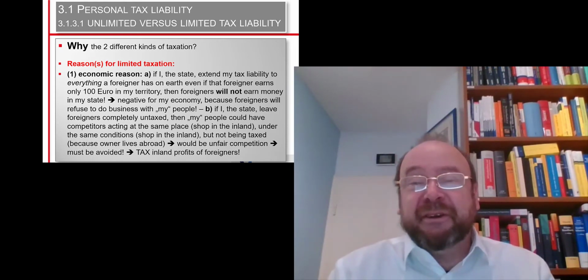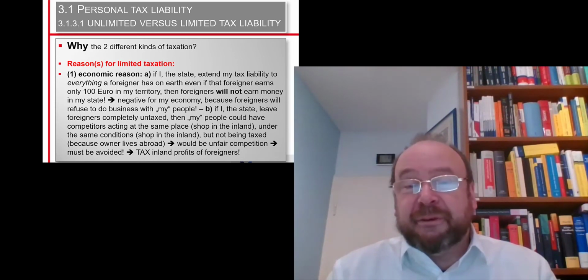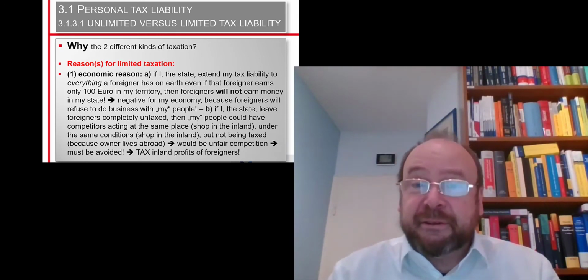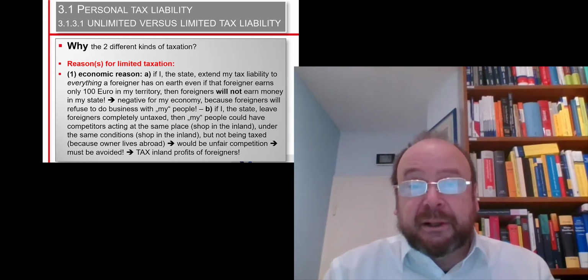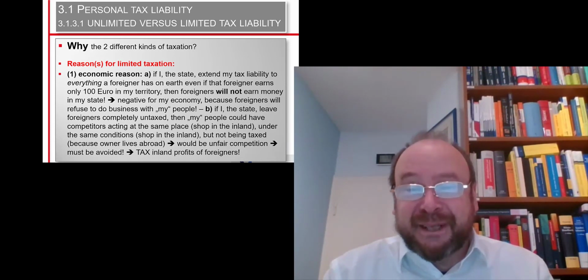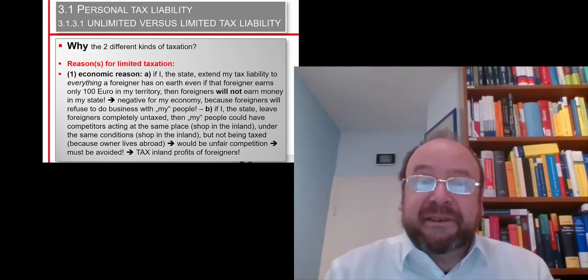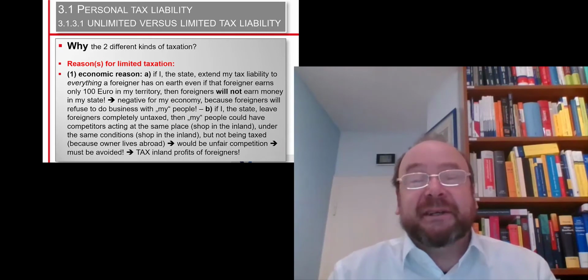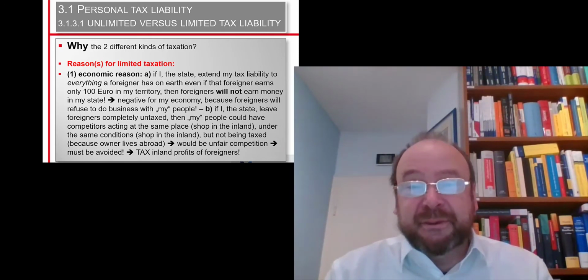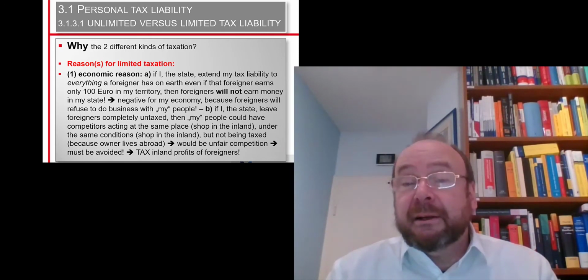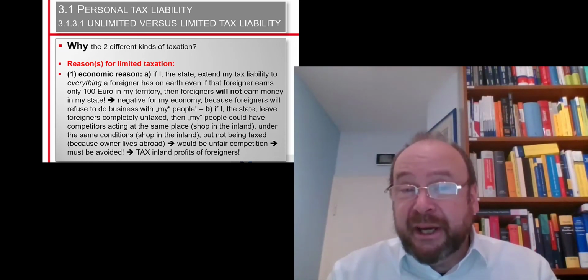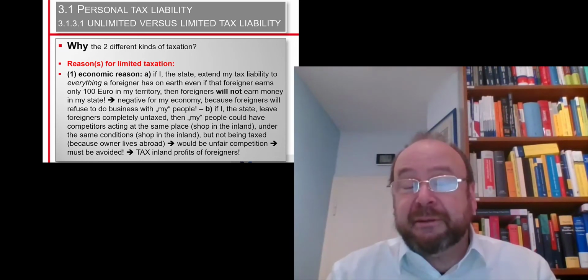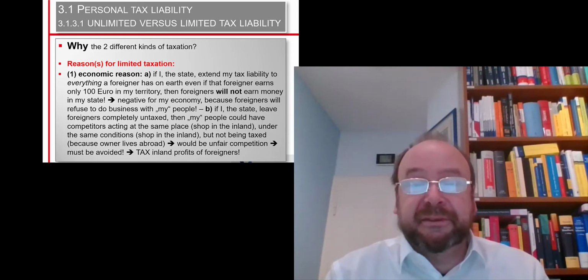Because if leaving the own country would just mean getting rid of all the tax claims of my income from Germany, that would give me a strong incentive to leave the country. And you can probably understand no tax legislator wants to design tax laws in a way that every tax advisor says to all persons who have enough money, leave the country. It's the only way to get away with a decent net income. So you can't do this.